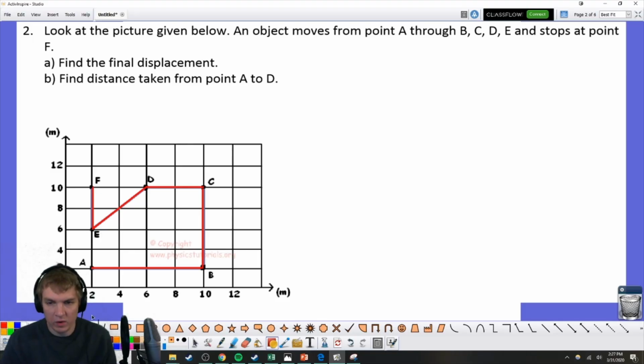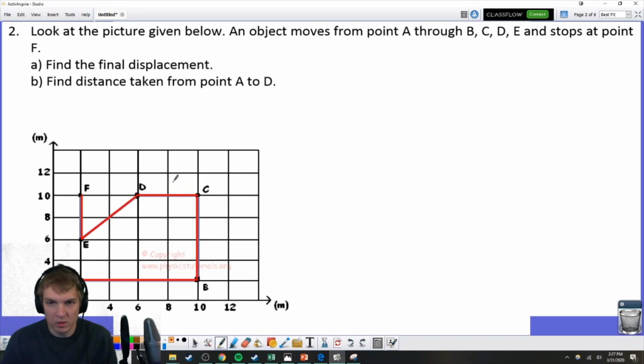So we want to figure out what those distances are. The first question is, what is the displacement? So he started at point A right here, and then he ended at point F, okay? Did he move anywhere in the X direction? No, he did not. In the entire X direction, if this is the X axis, he's staying on this 2 line the entire time.